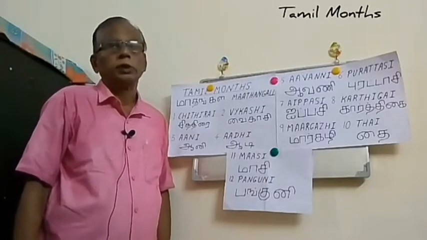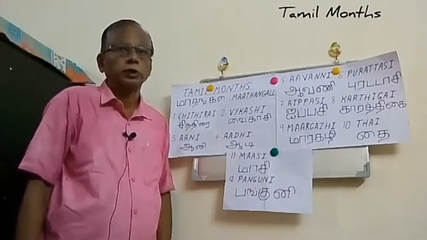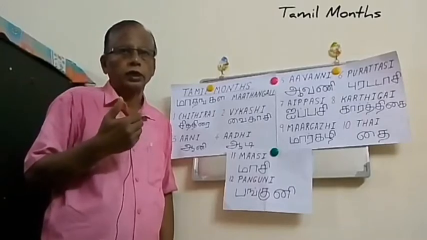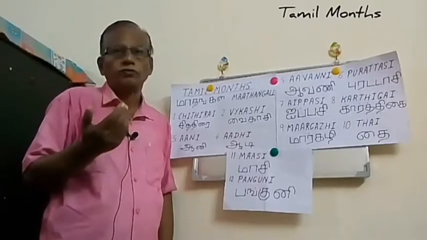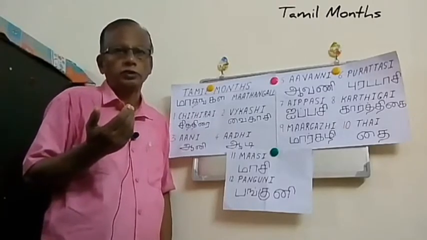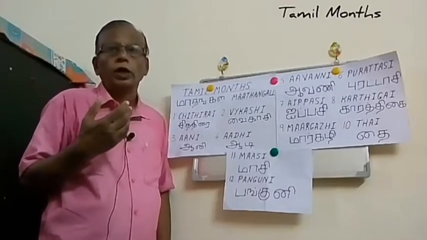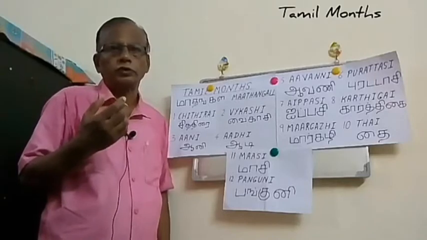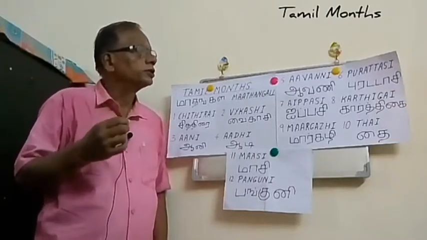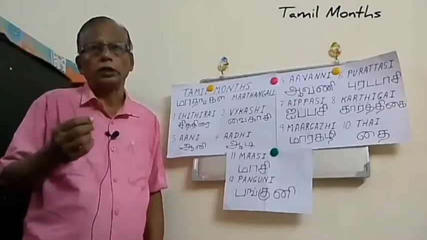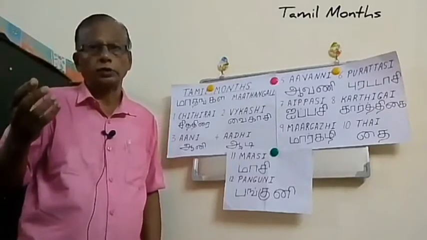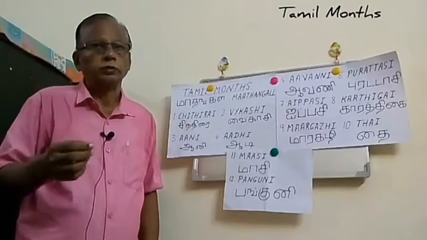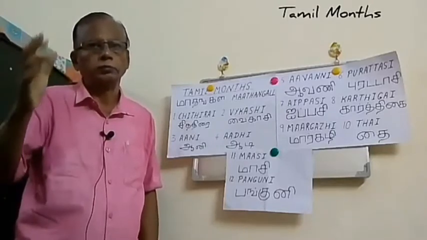Thai Pirandal Vazhi Pirakkum means when the new harvest festival starts, when Thai takes birth, farmers waiting for the harvest season will get some job, some way to lead their life.